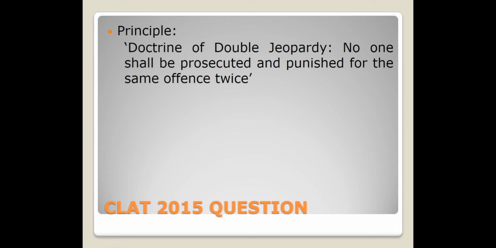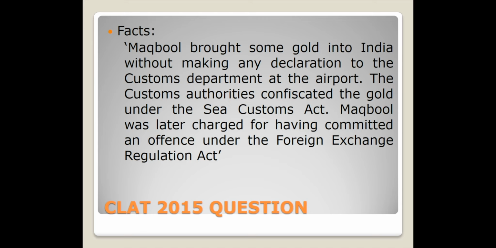Now in this case, the customs department, what did they do? Did they punish him? They only confiscated the gold that he had brought into India. They did not punish him. They did not pass a sentence on him. They only confiscated the gold that he had brought in. And later on, he was charged under another offense, under a different act.